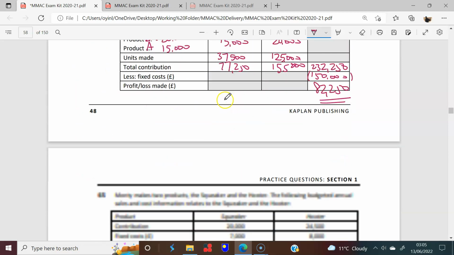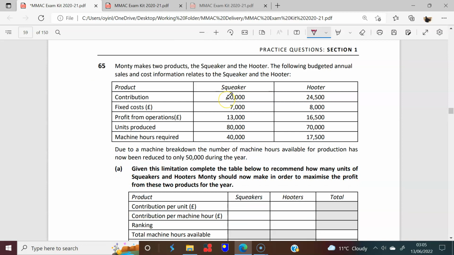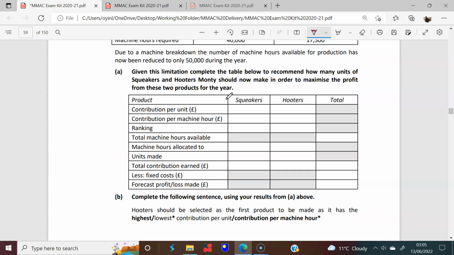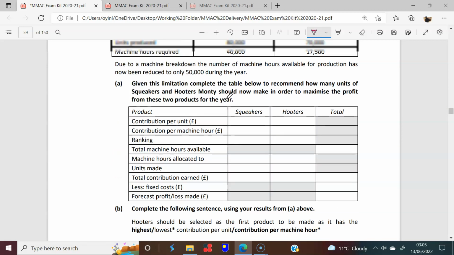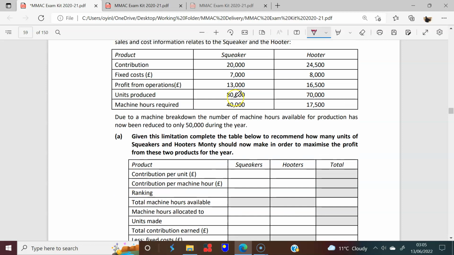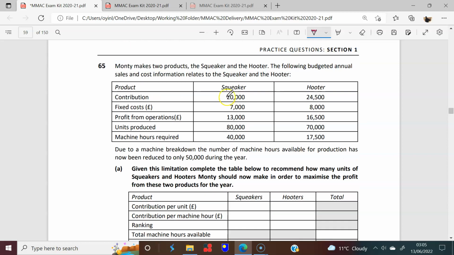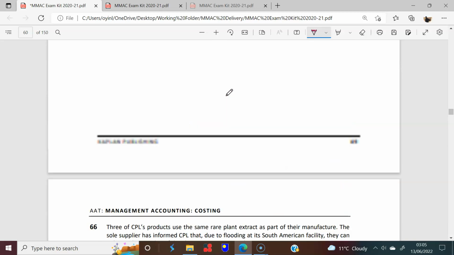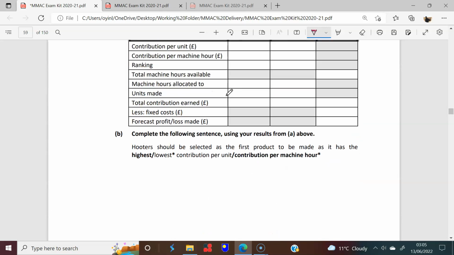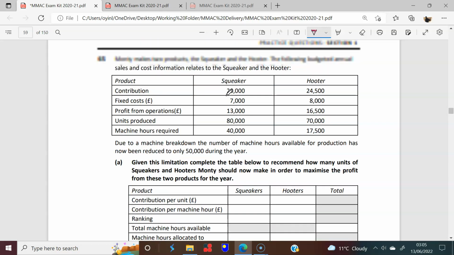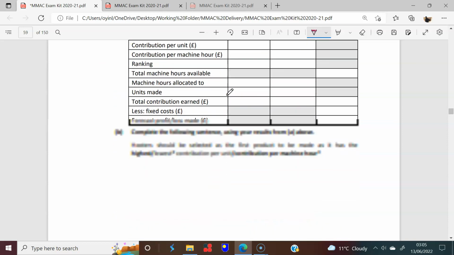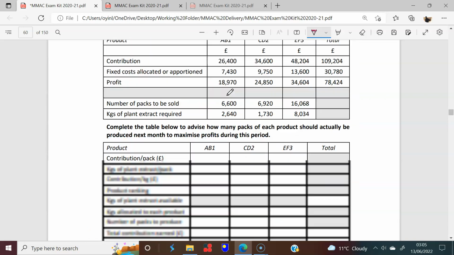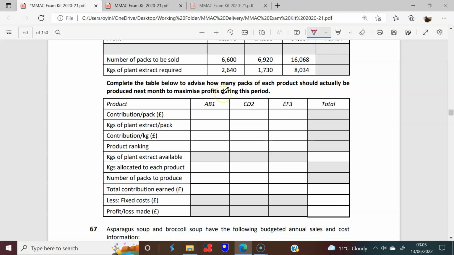Slightly a big question. What I'm hoping is that we see something similar here. You do have something very similar in question 65. I don't know how similar, but it seems that 65 and 66 might be similar. They're all quite different.